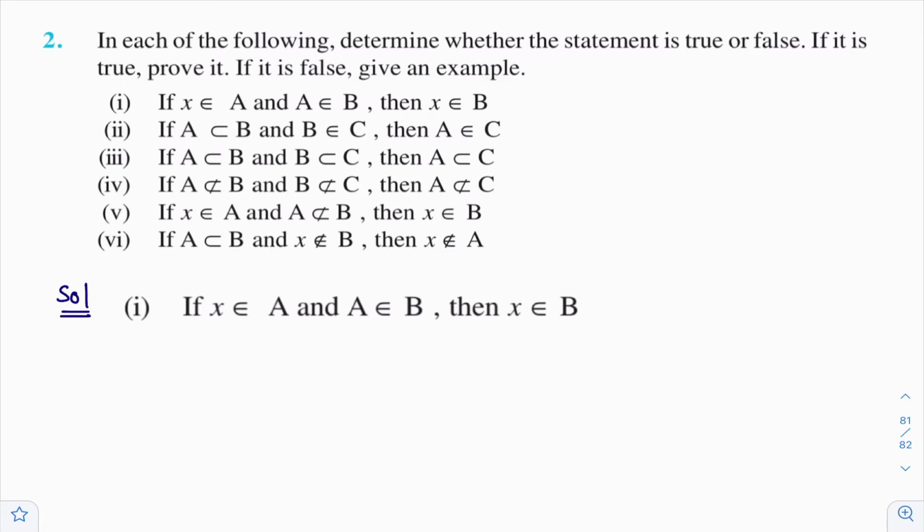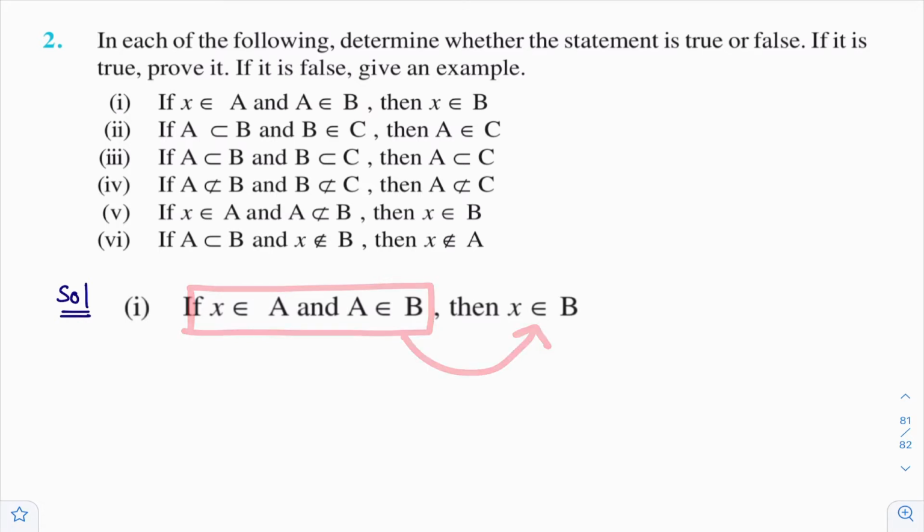This is a little difficult for students to understand, but what they have given is one statement: whenever x is in set A and A belongs to set B, then x also belongs to B. If x belongs to A and A belongs to B, then x belongs to B, they are saying.